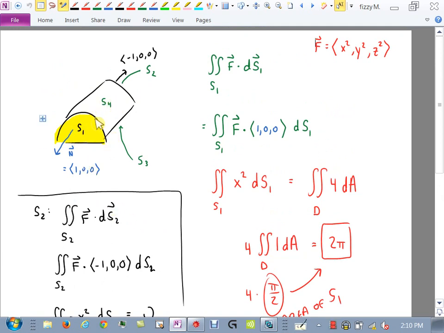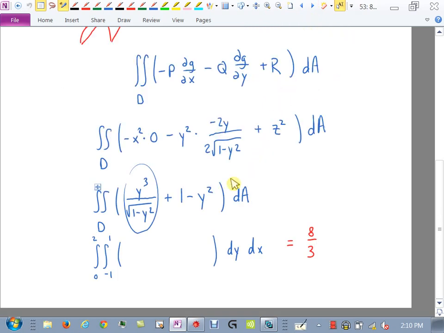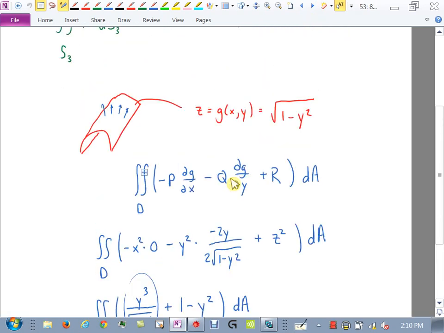Is this a closed solid? Yes. Now, I'm going to have to draw it again, because remember, x went from 0 to 2, y went from -1 to 1, and then this was square root of 1 minus y squared. Yes, it will be ugly. But I want to do it because sometimes with the divergence theorem you still have to work.